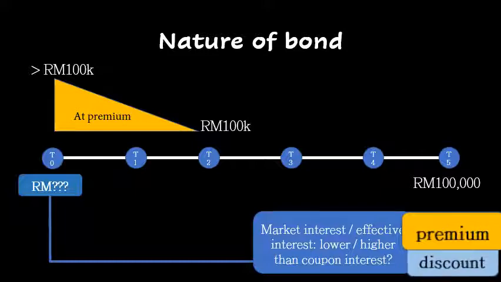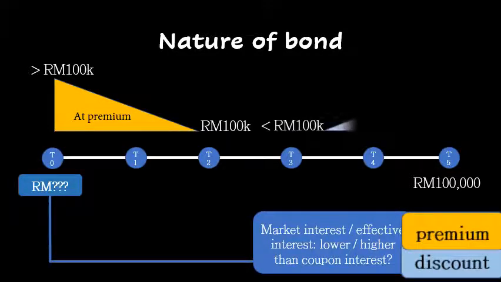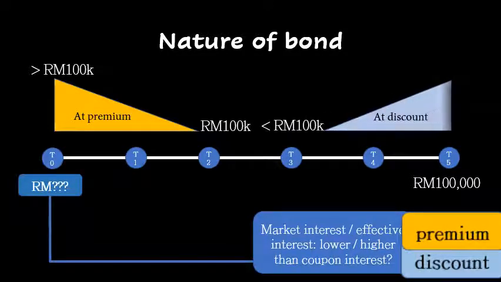On the other hand, if we were to issue at discount, we will start with a value less than the nominal value, in this case less than 100,000 ringgit, and throughout the bond periods, we expect the amortized cost table will show us an increase in the value from less than 100,000 ringgit to its nominal value of 100,000 ringgit.